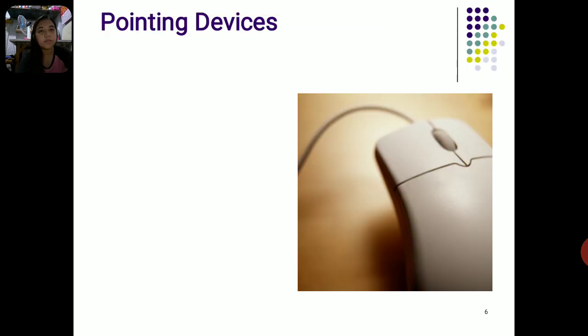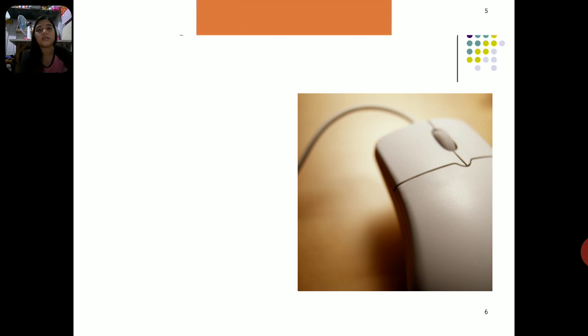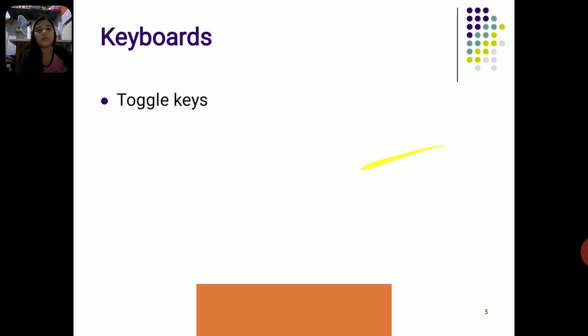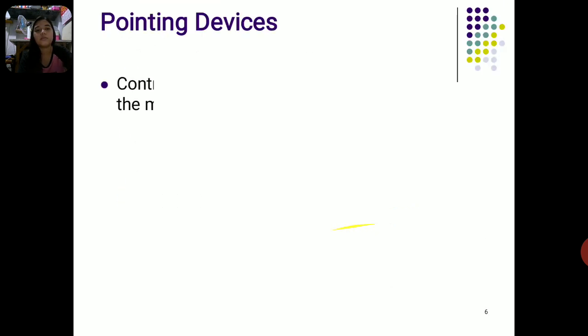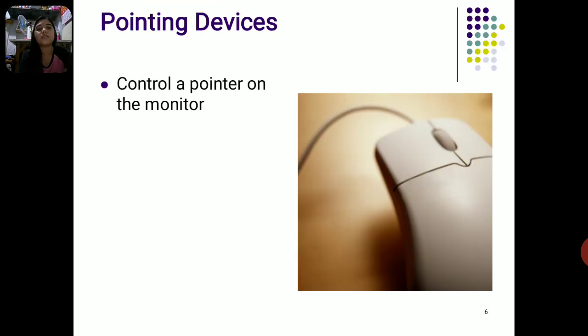And then so we have this pointing device or pointing devices. So, pointing devices is to control a pointer on the monitor. So, ito yung tinatawag nating cursor na nagpo-point sa kung ano yung ipapagawa natin sa isang computer o isang program na meron tayo through pointing device.